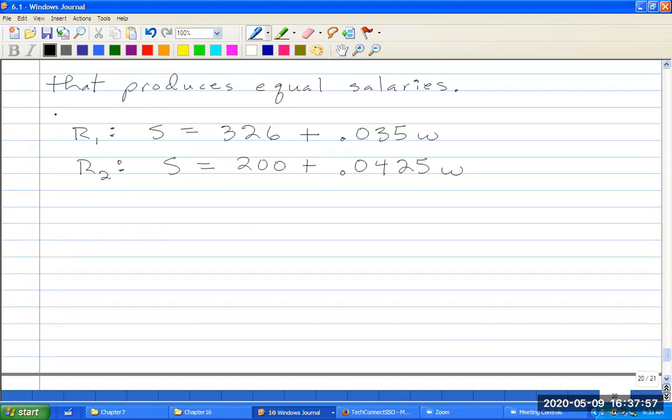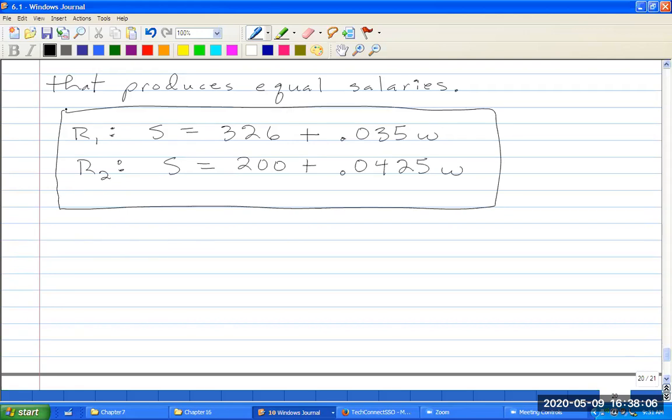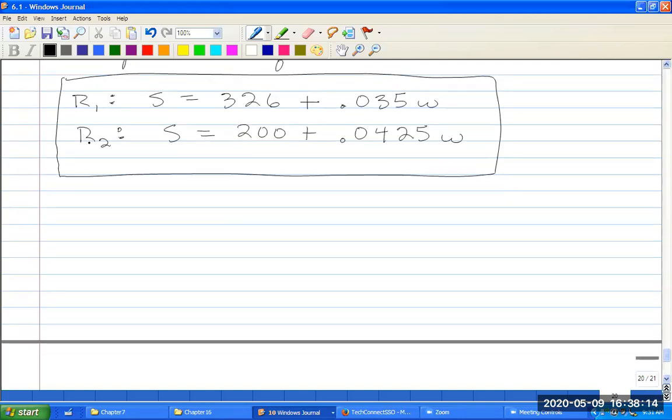So these are the equations. Now I want to determine what weekly sales level will give us the same salary. So I'll just set each one of these equal to each other.